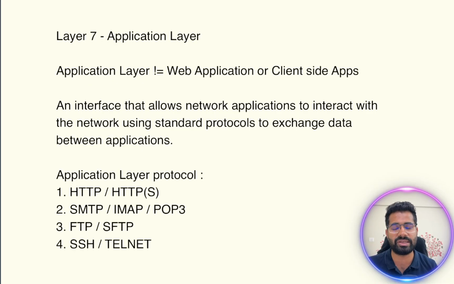All these network applications use the protocols that are a part of the application layer to transfer data on the internet. These network applications themselves are not part of the application layer. They sit outside of it, but they use application layer protocols to send the data further on the internet.